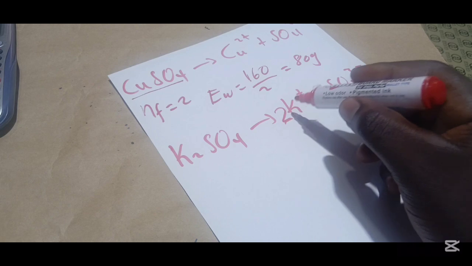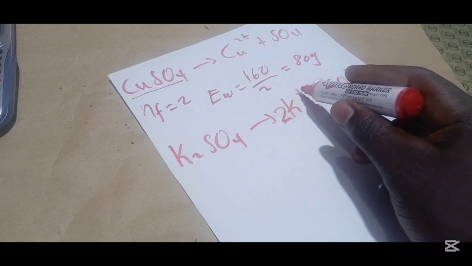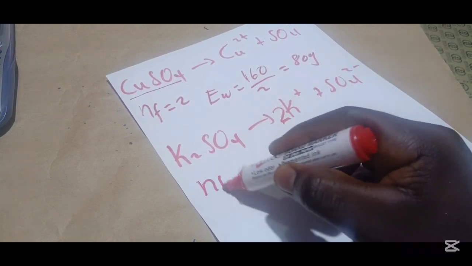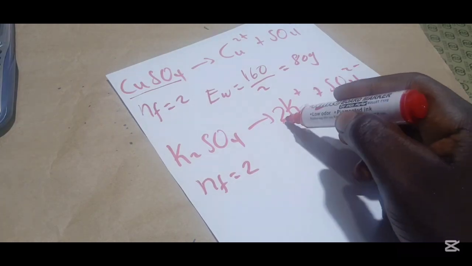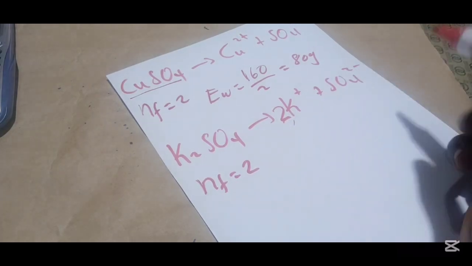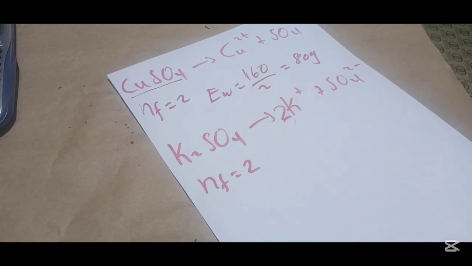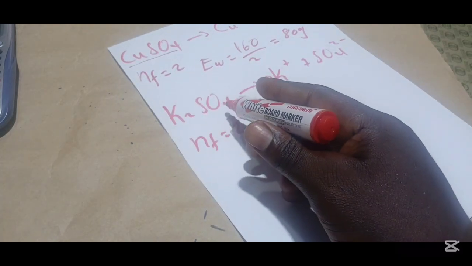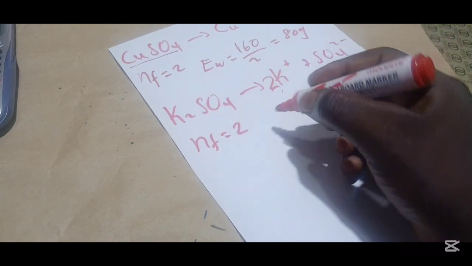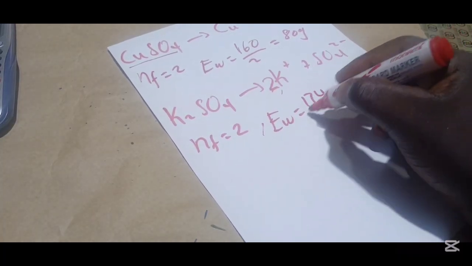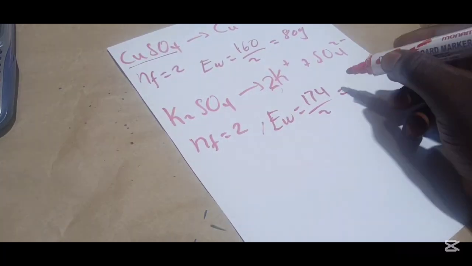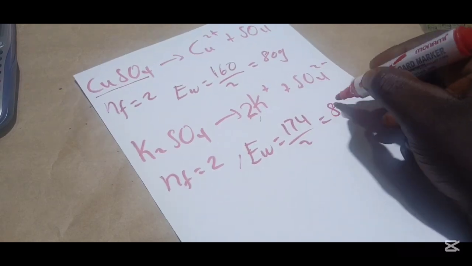So we have our N factor here to be 2. Assuming we have 3 here, then our N factor is going to be 3. 4 here, going to be 4. So now the molecular weight for K2SO4 is 174. So our equivalent weight equals 174 over an N factor of 2. So this is going to give us 87 grams.